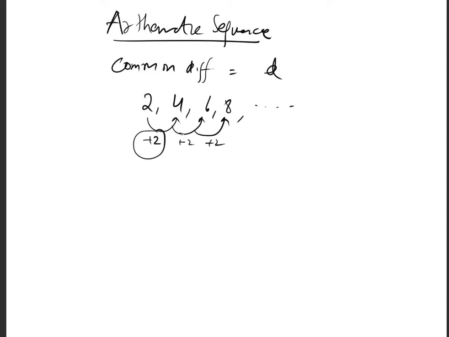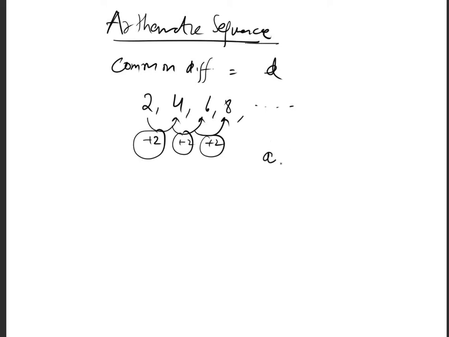This difference, which is constant throughout the sequence, if added to the previous term, you get to the next term. This type of sequence is called an arithmetic sequence.